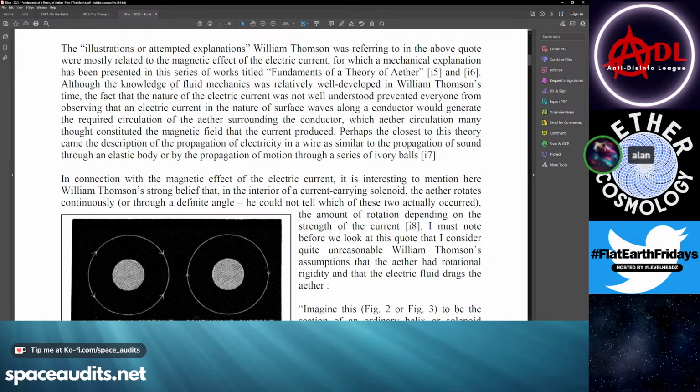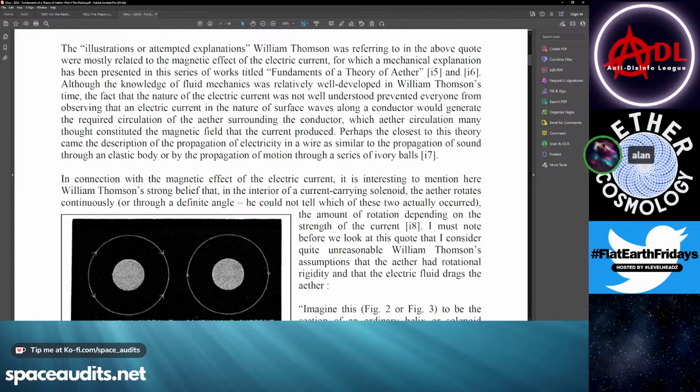Although the knowledge of fluid mechanics was relatively well developed in William Thomson's time, the fact that the nature of the electric current was not well understood prevented everyone from observing that the electric current, in the nature of surface waves along a conductor, would generate the required circulation of the ether surrounding the conductor, which ether circulation many thought constituted the magnetic field and the current produced.